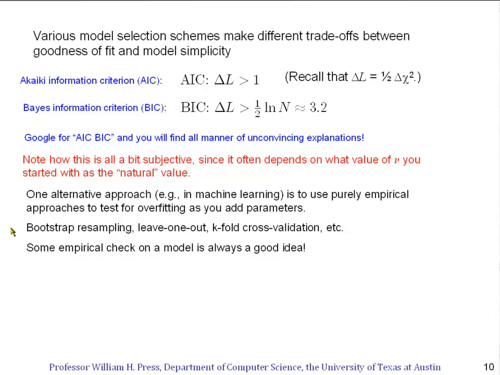So these are things like bootstrap resampling, leave one out, k-fold cross-validation, and so forth. This is a really good idea. Even if you're using AIC or BIC as your first indicators of how many parameters you should have, it's a really good idea to do some empirical check on your data set to see that you're not overfitting.